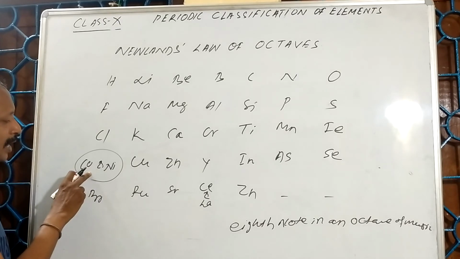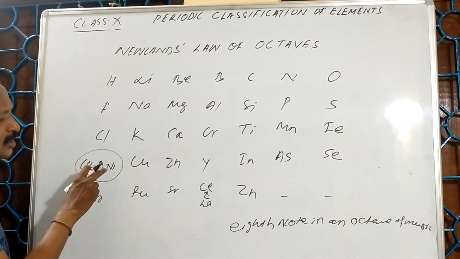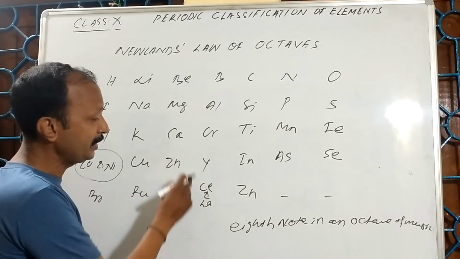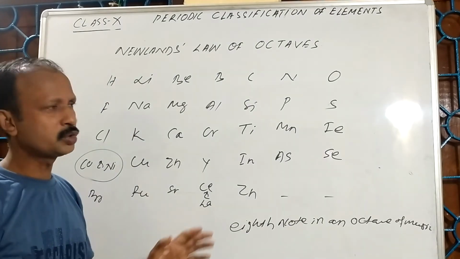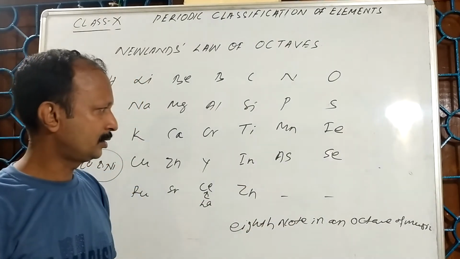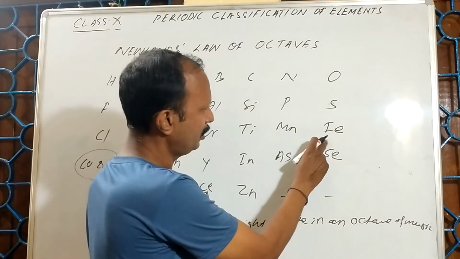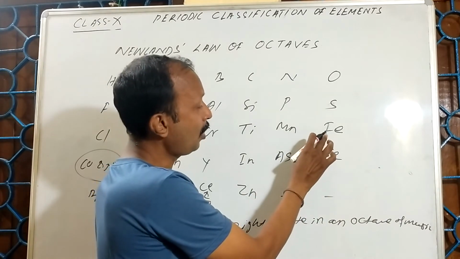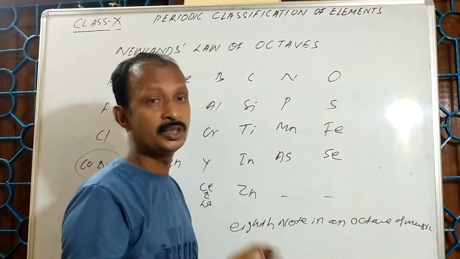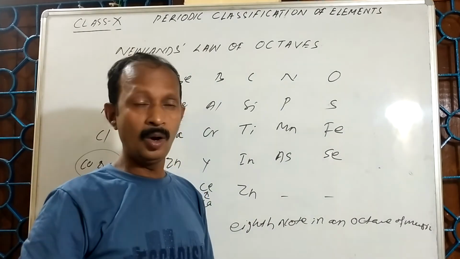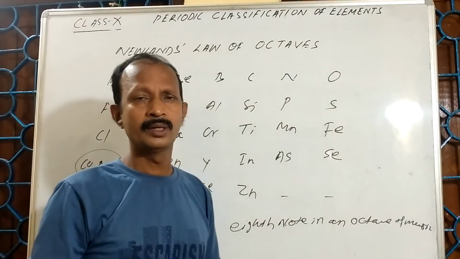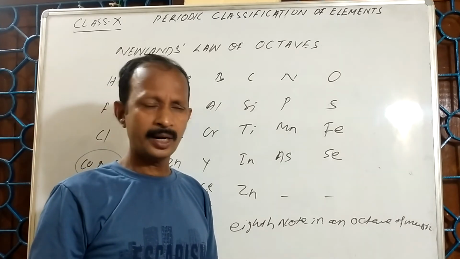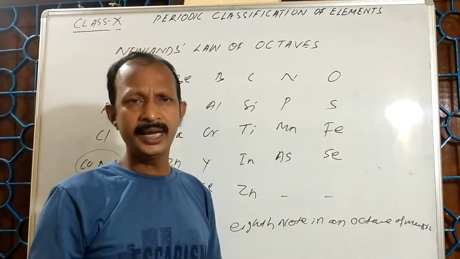Two elements, cobalt and nickel, were put in one slot. You can find that cesium and lanthanum are also put together in one slot. This is also one of the drawbacks. You see that one drawback is here. Suppose iron is a metal. Its properties do not match with sulfur and oxygen. Those are non-metals. So this is the reason Newlands law of octaves was rejected by the scientists of that time.